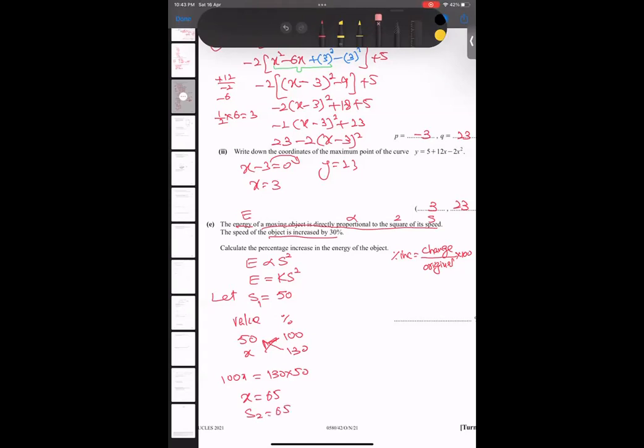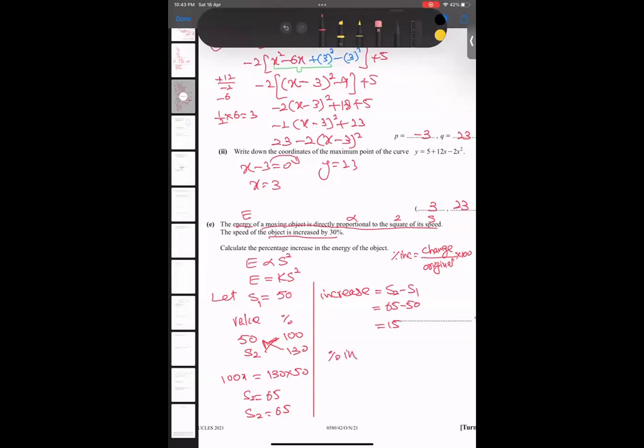Better I'll make it here S2. And now I'm going to find the change. What is the change? What is increase or change? So increase we can write, or change, no problem at all. So increase is actually S2 minus S1. So 65 minus 50 is a 15 change, and I'm putting in the formula.